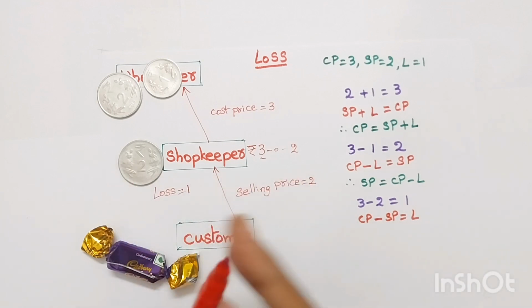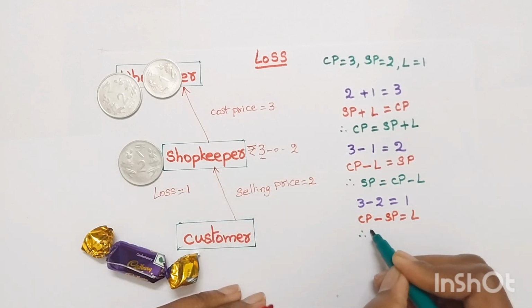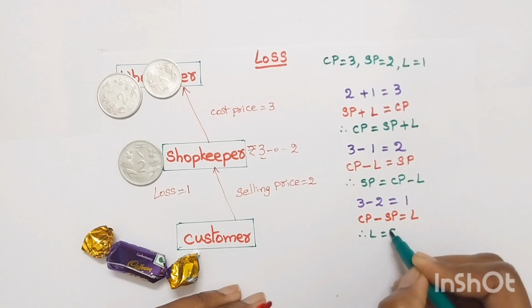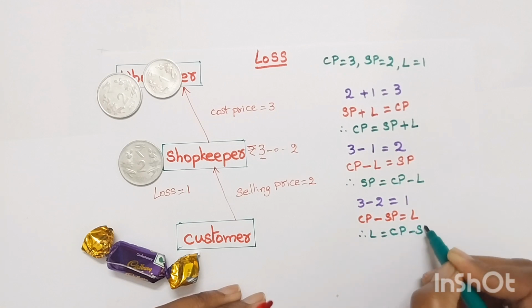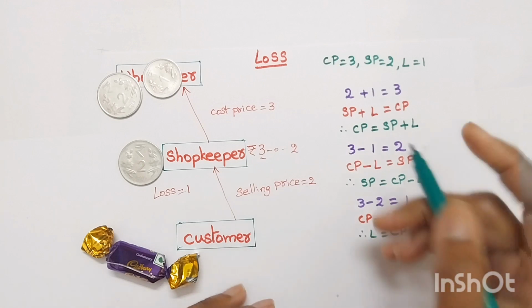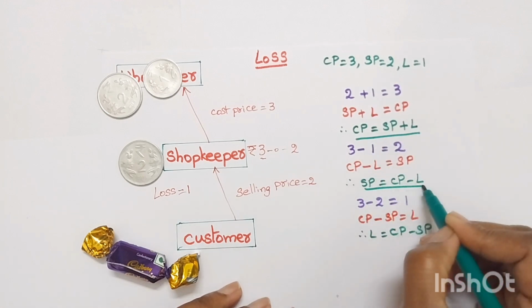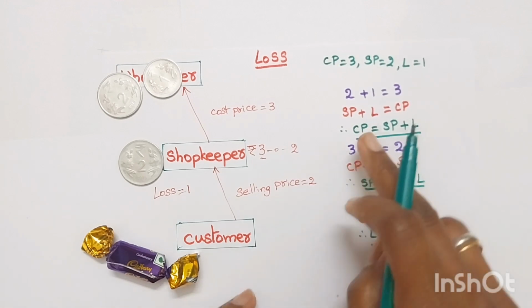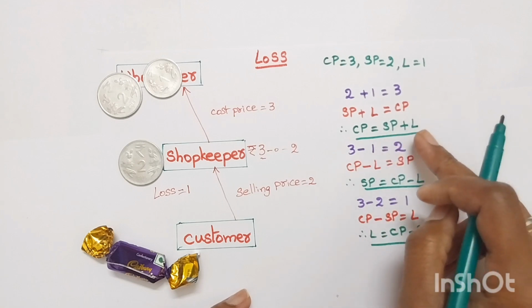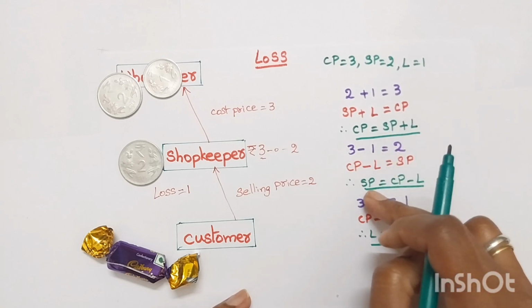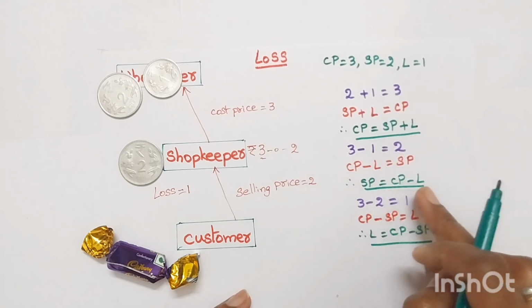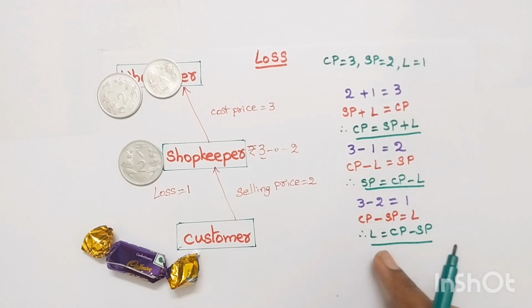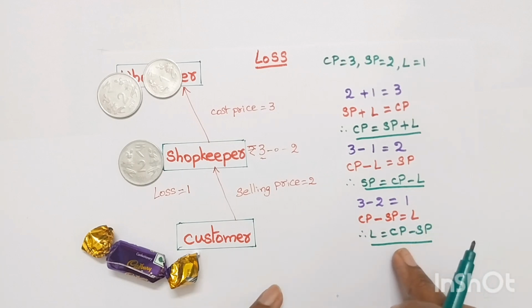Therefore, loss equals cost price minus selling price. So these are the main formulas. Cost price equals selling price plus loss. Selling price equals cost price minus loss. Loss equals cost price minus selling price.